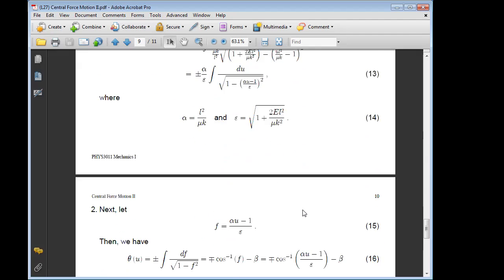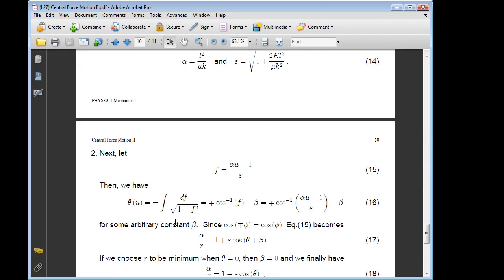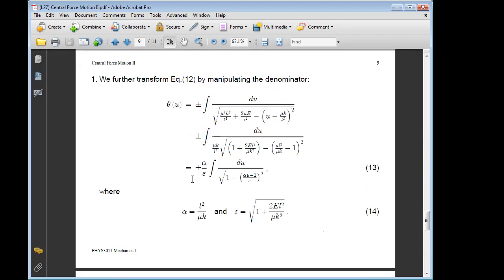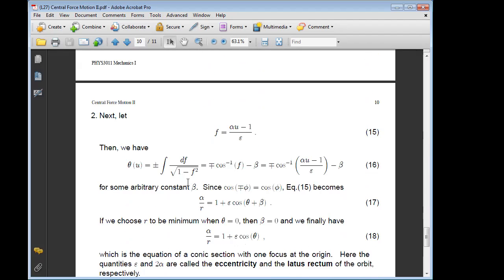So we make another substitution, we let f equal to alpha over u minus 1 over epsilon. Then the integral really becomes very simple. It is equal to this. Then we realize that this is the arc cosine function.